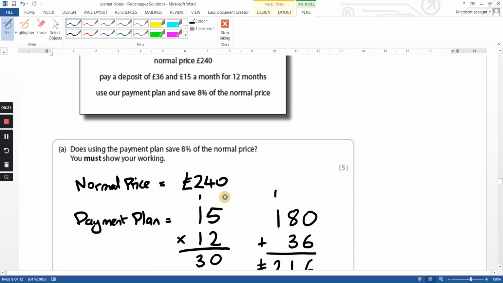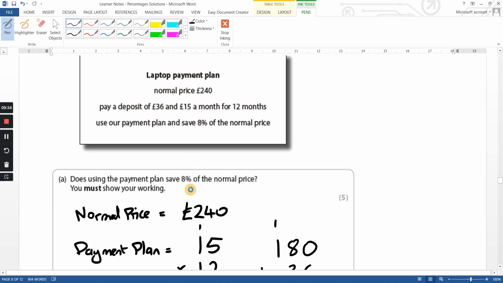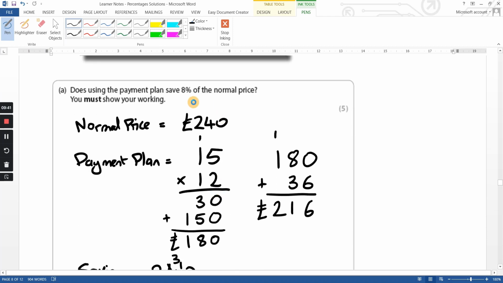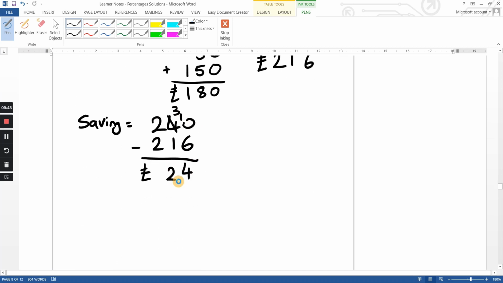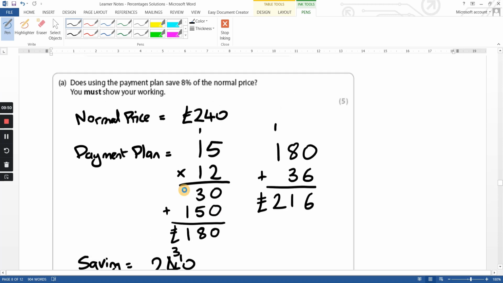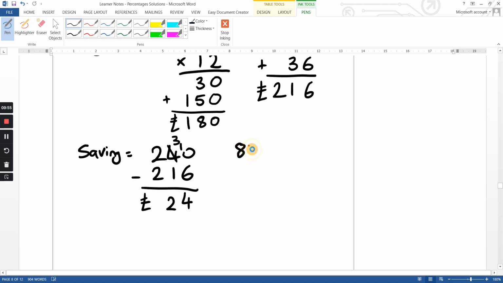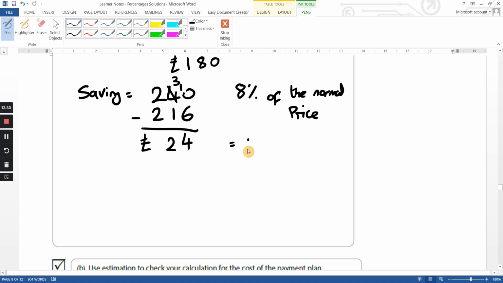So they're asking, is £24 a saving of 8% of the normal price? So let's work out 8% of the normal price, and if it's the same as 24, then yes, they're correct. Let's work out 10% first.